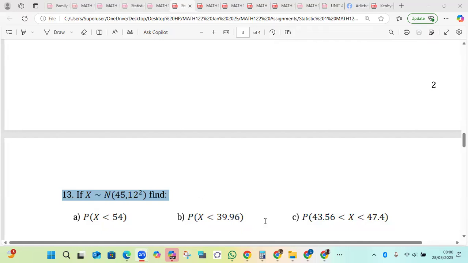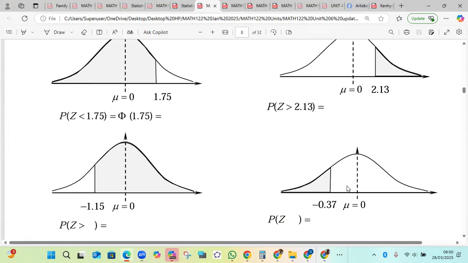So when we standardize, x is 43.56. So when we say x minus mu, 43.56 minus 45, we are going to get a negative value for z, because remember, the standard deviation is always a positive number. Therefore, we're going to get a negative value for z.